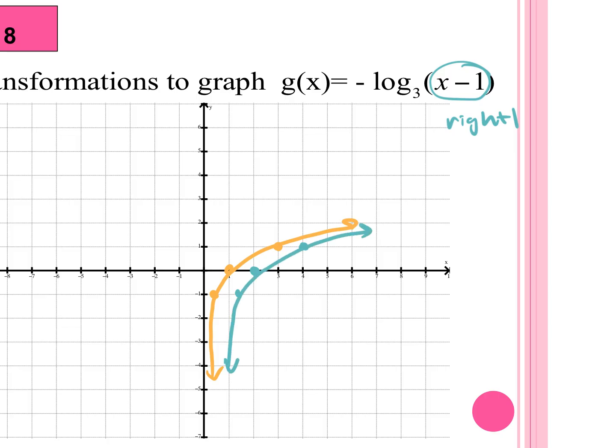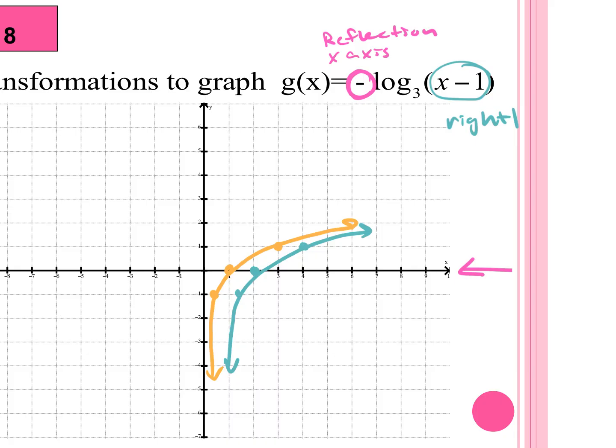And then when we multiply by a negative, what does that do to our graph? It flips it. It's a reflection on which axis? It's a negative on the outside. The x-axis. Outside is the x-axis. So this is our x-axis here. We're flipping the teal graph that we have now along the x-axis.